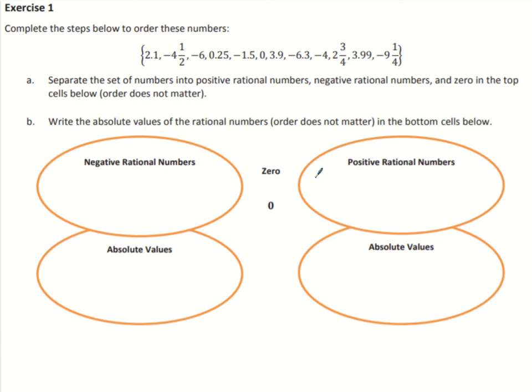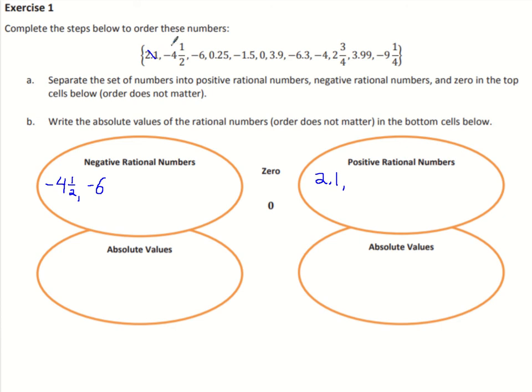It doesn't have a negative sign, so it's going to be a positive number. 2.1 goes right over here. -4.5, well, that has a negative sign on it, so it's going to go over here. -6, well, I said it right there, negative, so it's going to go in my negative bin.